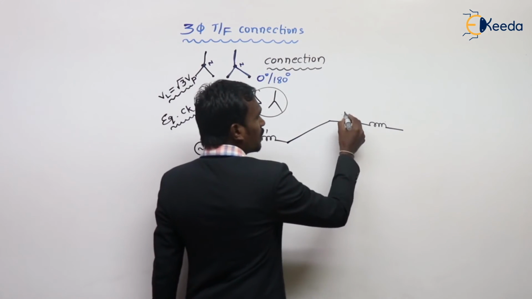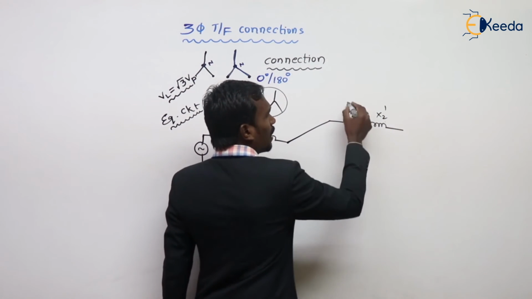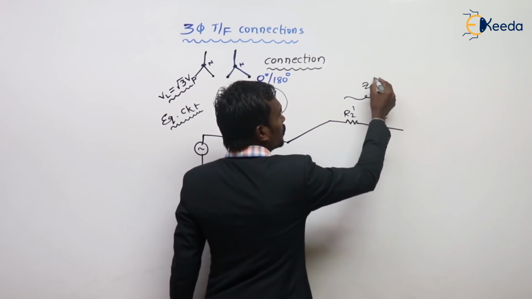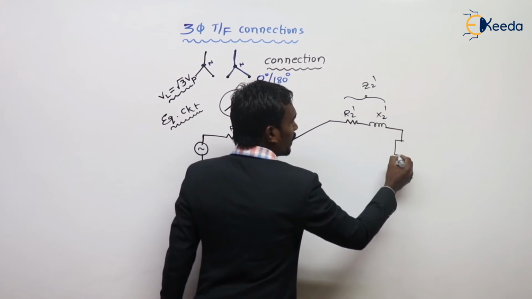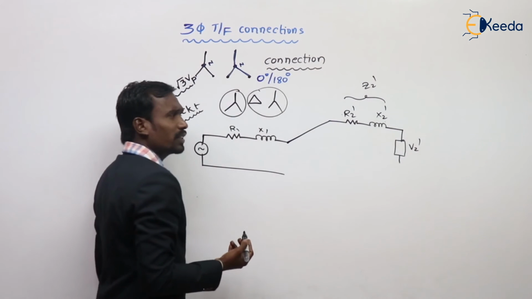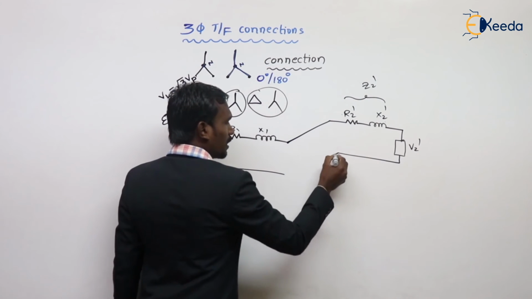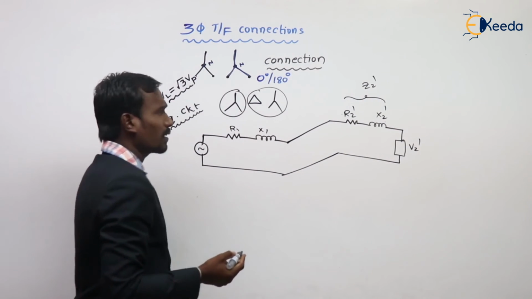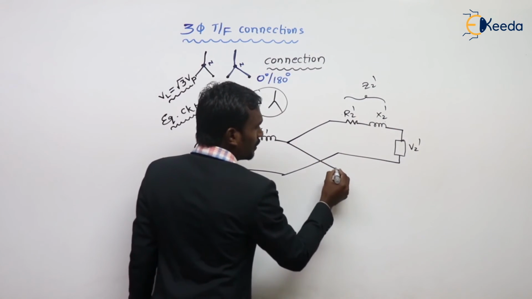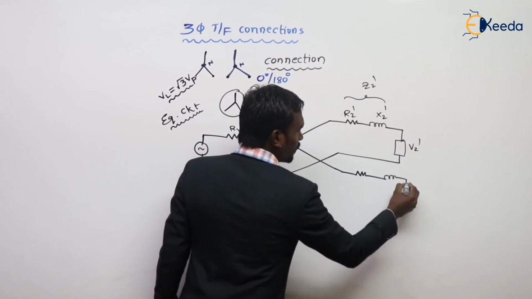So R2 dash and X2 dash combined are called Z2 dash, and here the load voltage is called V2 dash. Now this is connected to this one, and another secondary is also there.